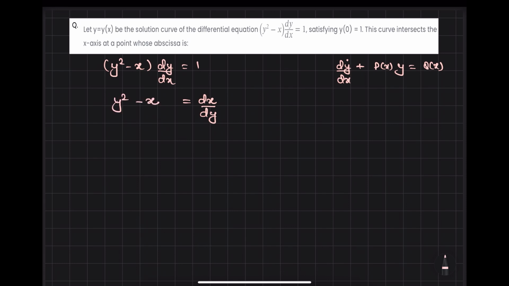Now, can I write this as, if the function is in x, dx/dy plus x p of y equals q of y?